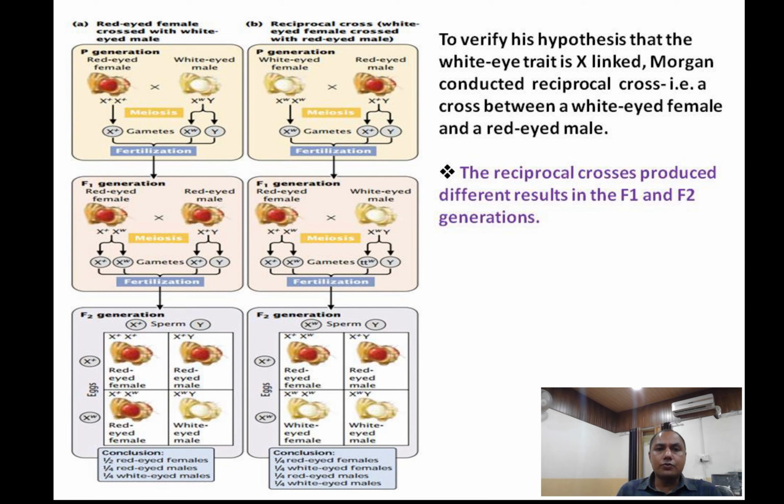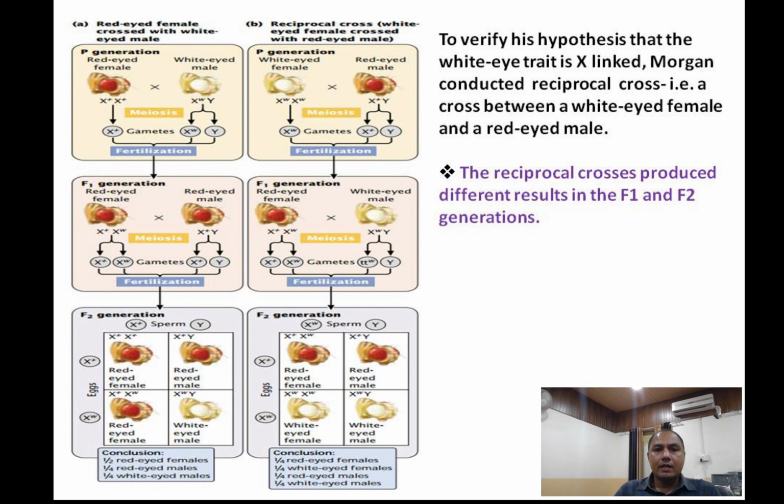He proposed and conducted a reciprocal cross. Reciprocal means we change or shuffle the characters among the parents. So in B we can see that he crossed white-eyed females with red-eyed males, both pure line, as we can see in the diagram.